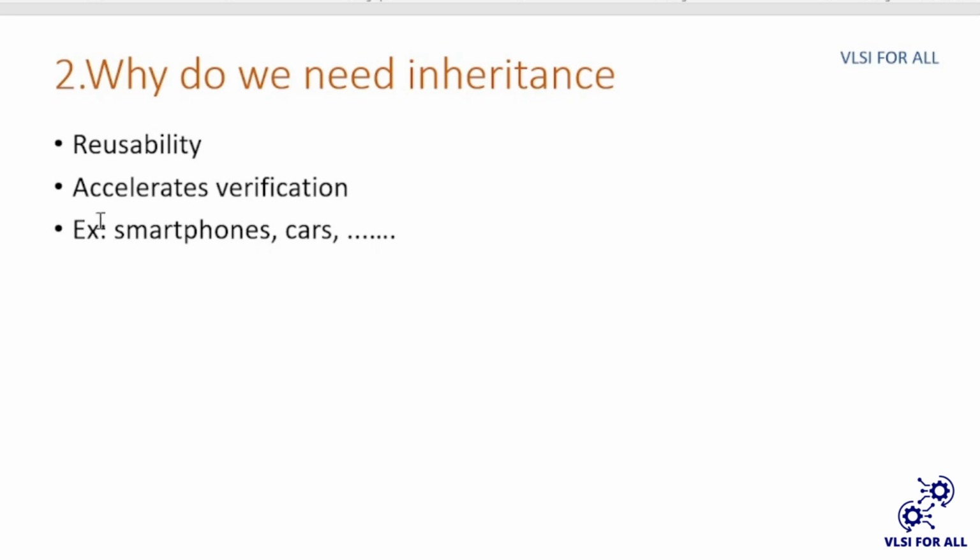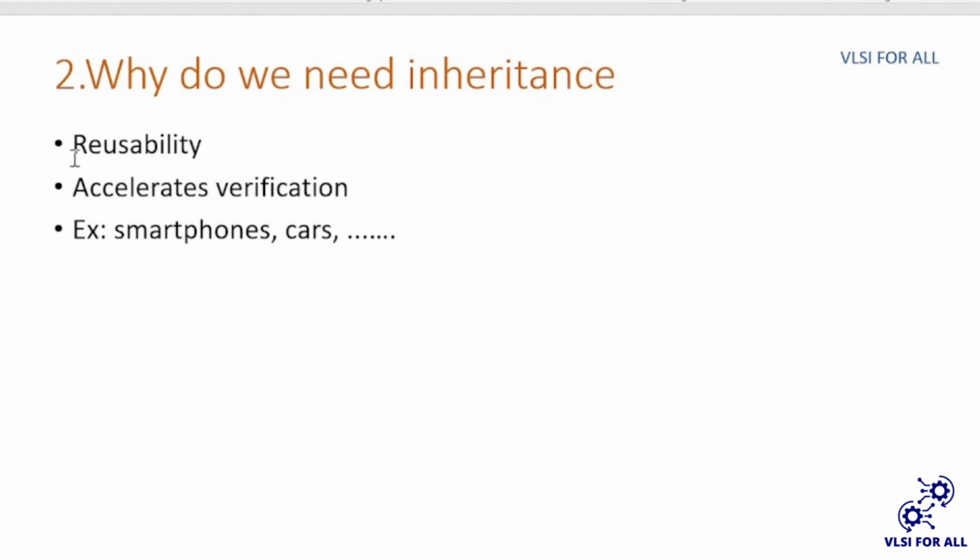Does the existing system need to be verified again? No, it is already verified. If you start verifying the entire thing again, it will take much time to reach the market, and the product will not survive.